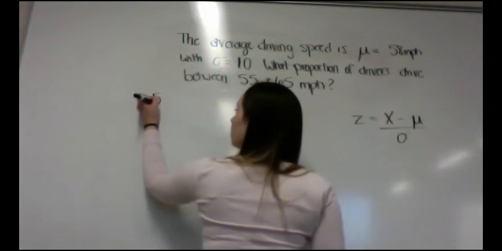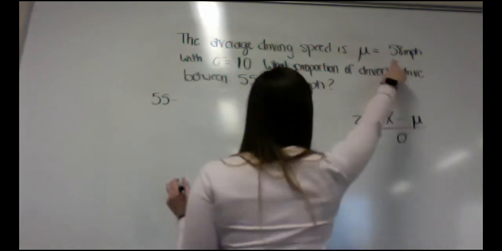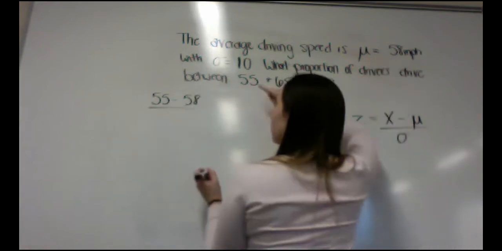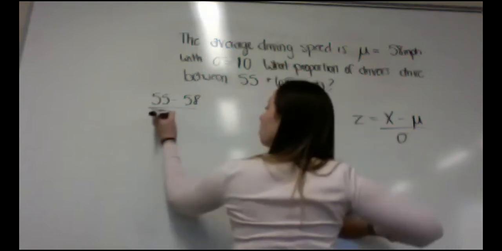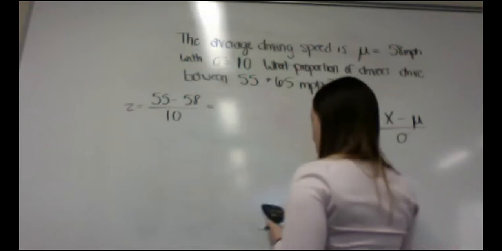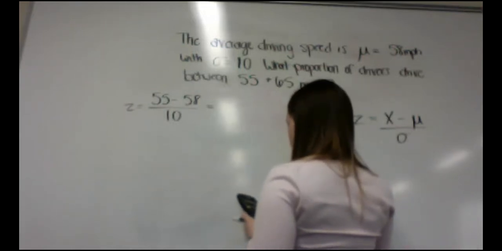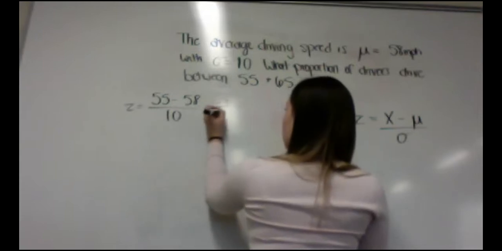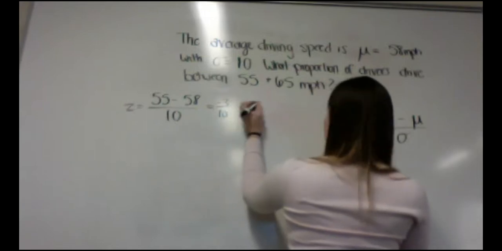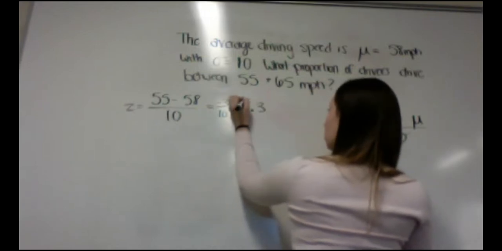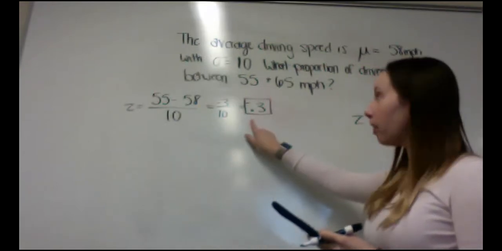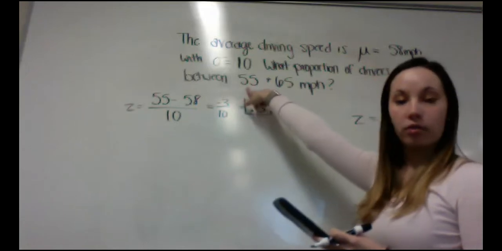So 55 minus our mean, which is 58, over our standard deviation, which is 10. So that's going to give us our z-score for the raw score of 55. So 55 minus 58 gives us -3 over 10, which gives us -0.3. So that is our first z-score. So -0.3 is the z-score associated with the raw score of 55 miles per hour.